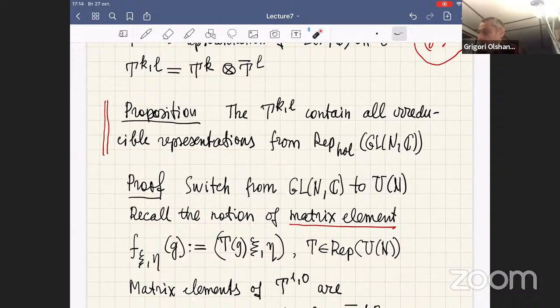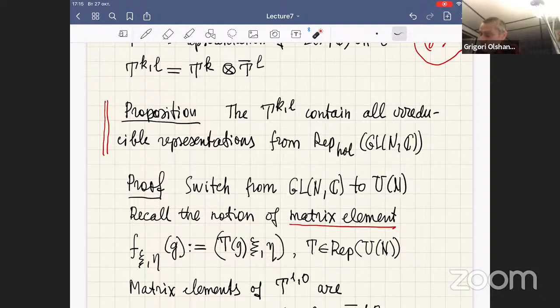I would like to emphasize, of course, there are some multiplicities, sometimes even huge multiplicities, but the claim is that nothing is missing. If we investigate this family, all irreducibles can be extracted in some way from these representations, but of course not uniquely, not in a canonical way.